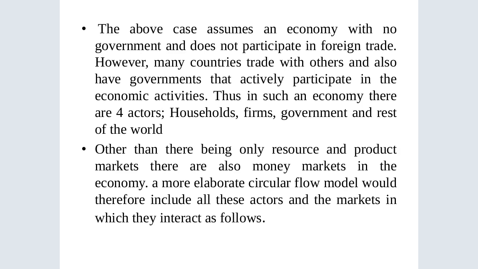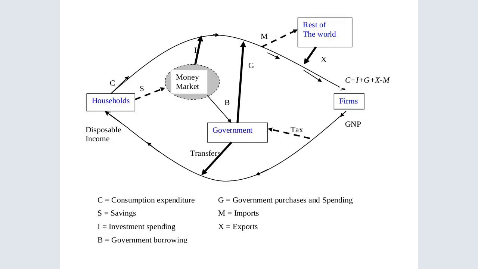If we look at a more elaborate circular flow model, we will include these other sectors that we have mentioned, that is the government and the foreign sector. So you can have a more detailed circular flow of income.